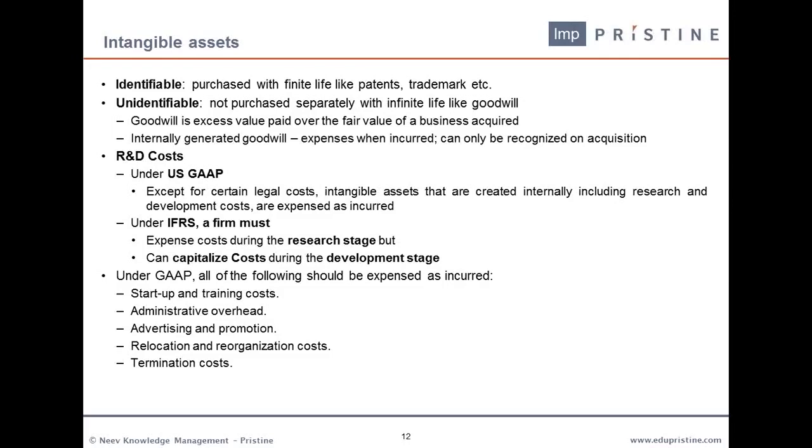Say you bought a patent or a trademark for, say, 20 years, then those come under identifiable intangible assets. And the other one, say you have goodwill. Goodwill cannot be identified and it doesn't have a finite life. It has an infinite life, and it is not something which can be identified even if it is intangible.